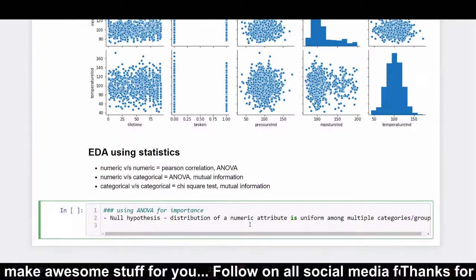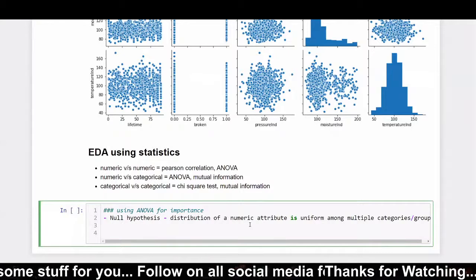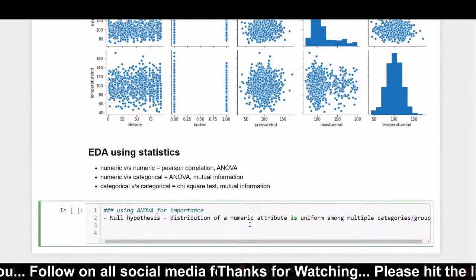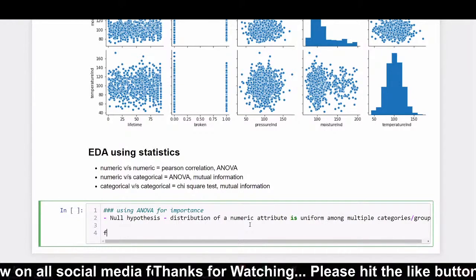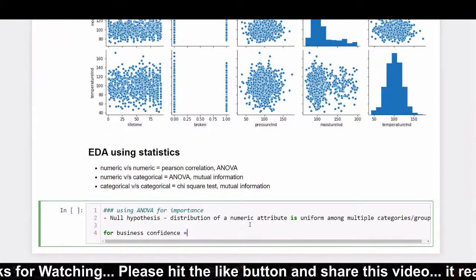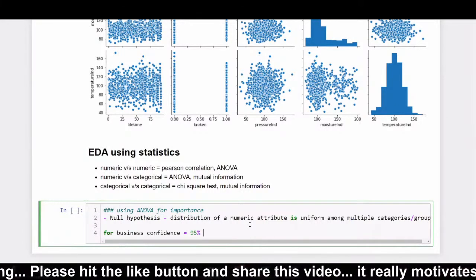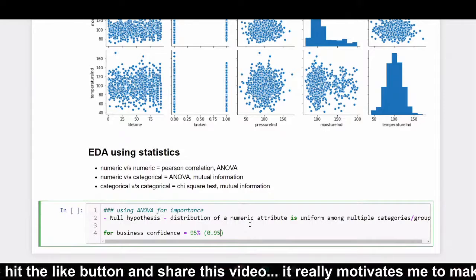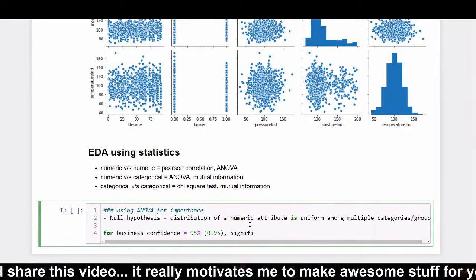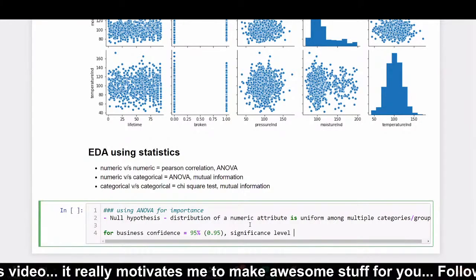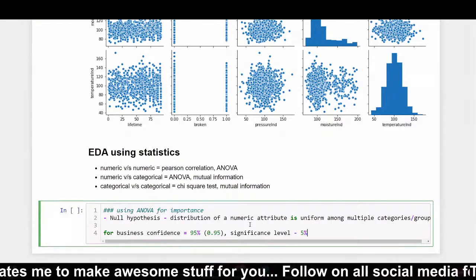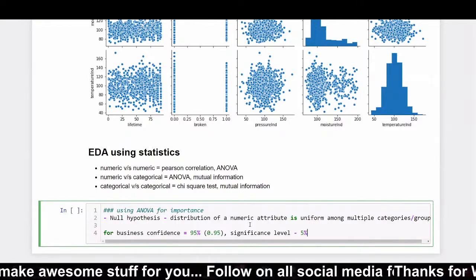For a business confidence of, let's say, 95%, which is 0.95, we can say the significance level could be 5%. Maybe some of you who are not from a statistical background might find this a little complex to interpret, so don't worry about that.